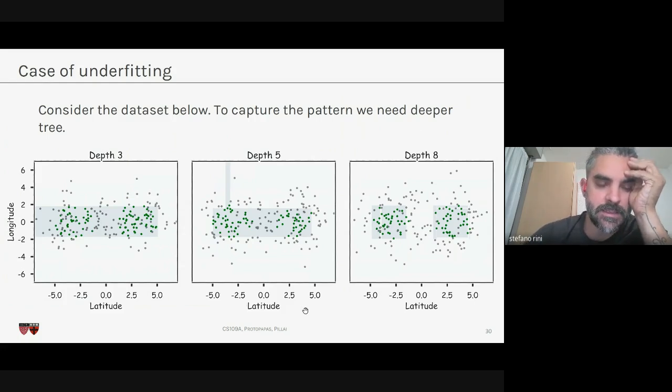Okay, so let's do the case of underfitting, which we saw was an issue here. So again, we take a depth of 3, 5, and 8. Clearly here 8 is the correct model, because you have these two distinct clusters, and if you have smaller depths, then you cannot achieve this.